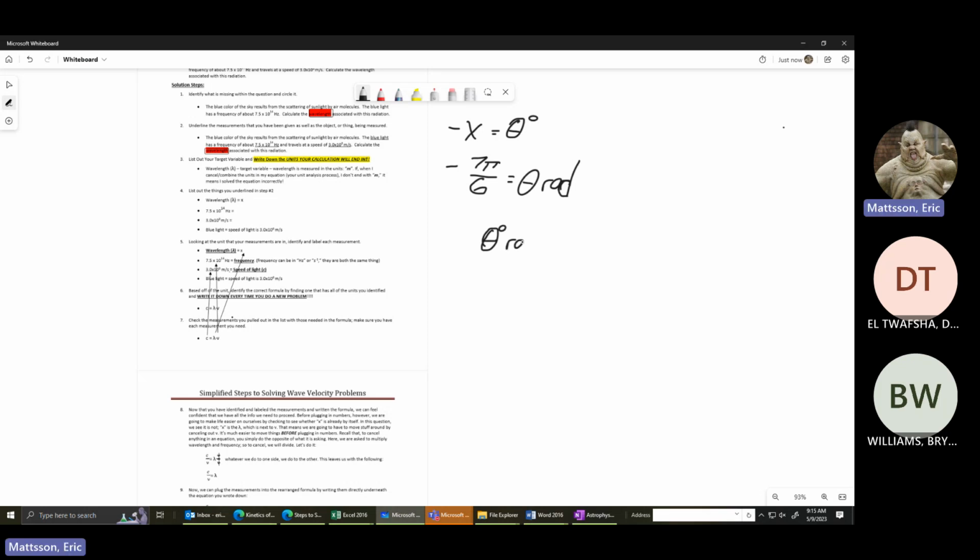So there's my angle in radians. 57.3 degrees divided by 1 radian. So I want to know what this angle in degrees is. So again, this is really a conversion question.